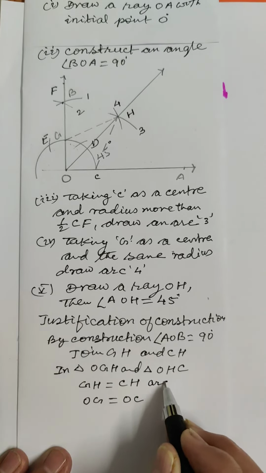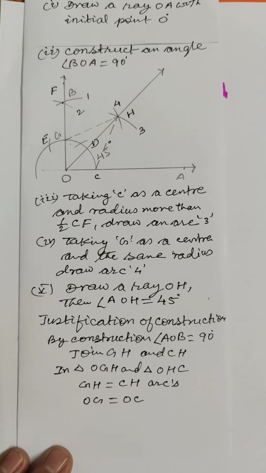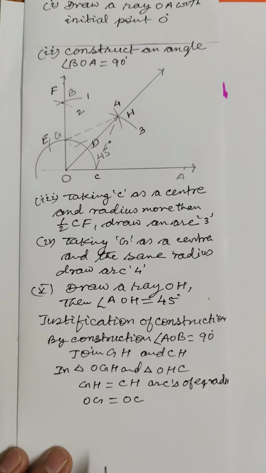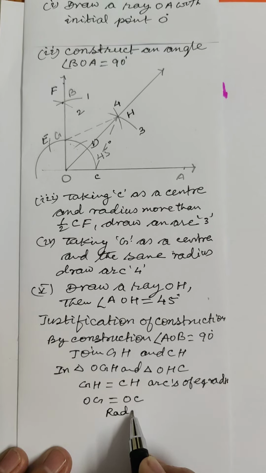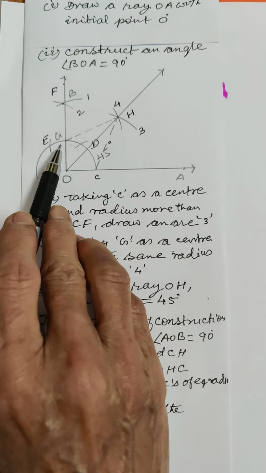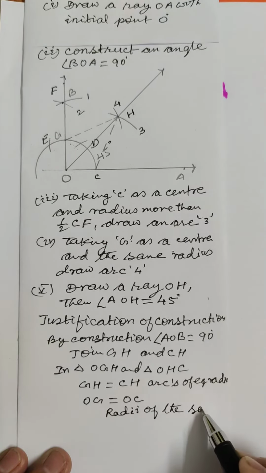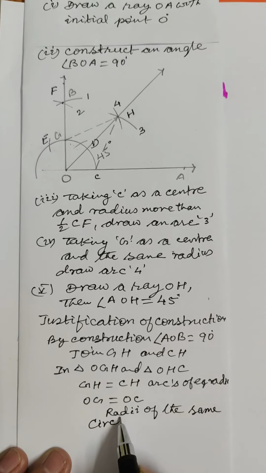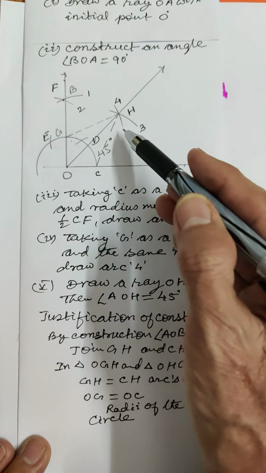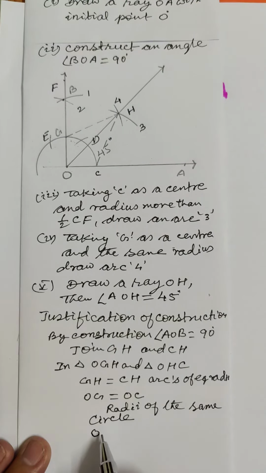These are arcs of equal radii, and these are radii of the same circle. OH is equal to OH, common.